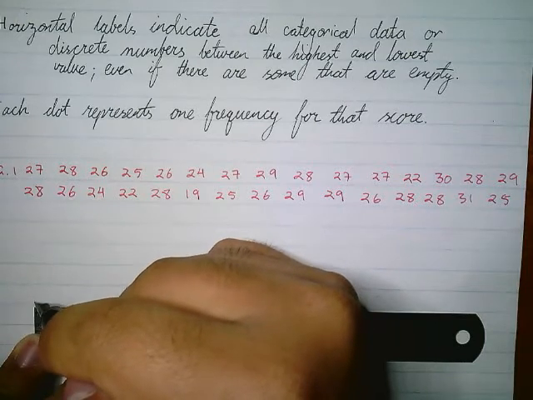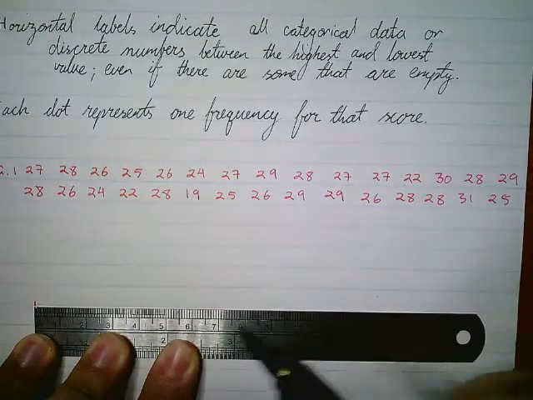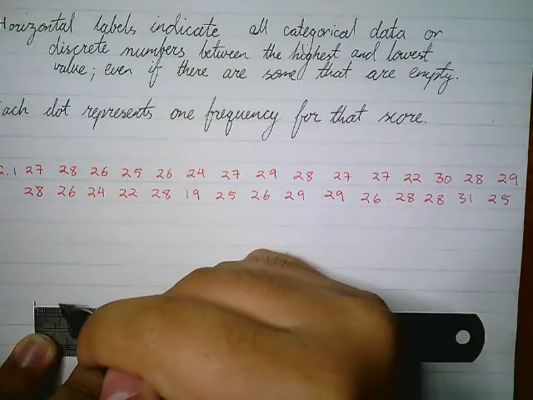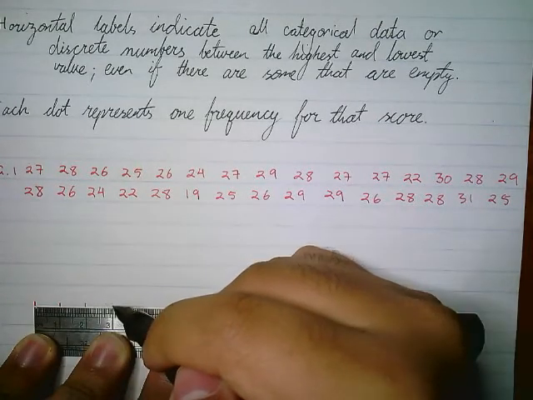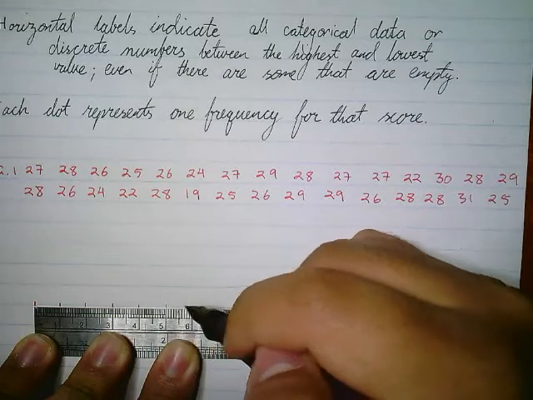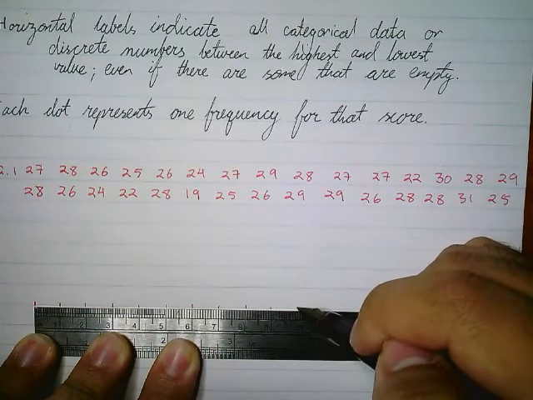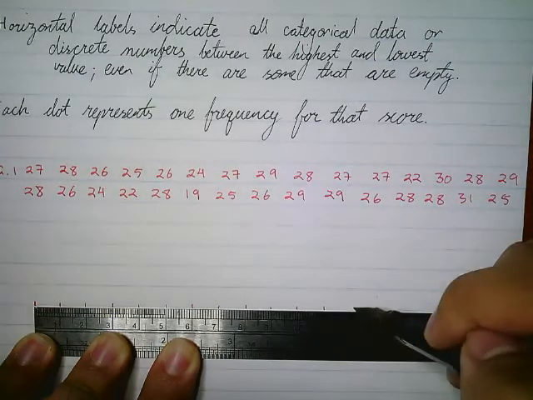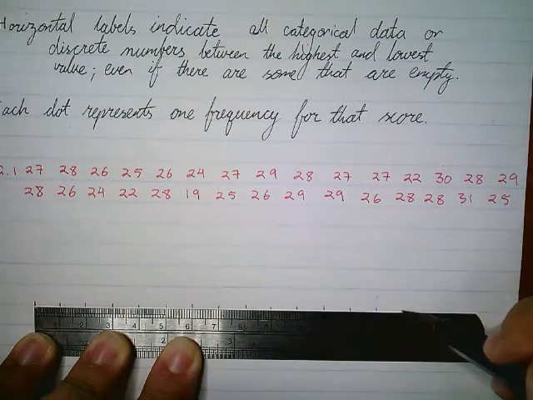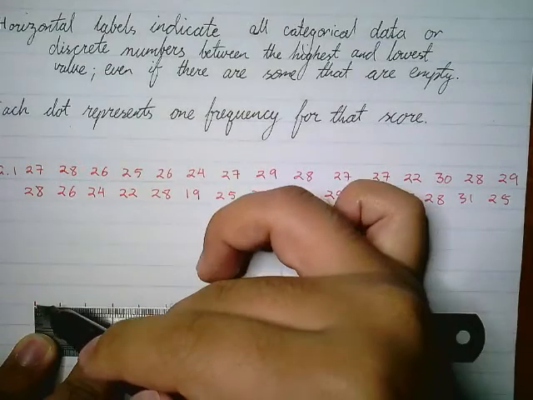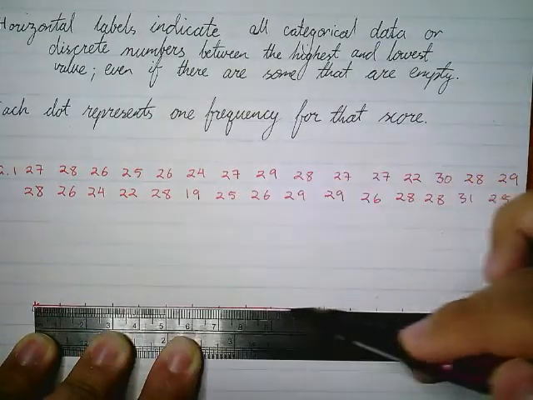I'm going to do it as 1 centimeter increments. That's going to be 18, 19, 20, 21, 22, 23, 24, 25, 26, 27, 28, 29, 30, 31, 32. Join our line there.